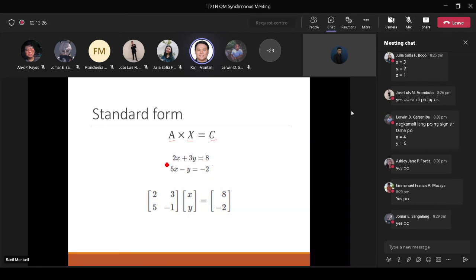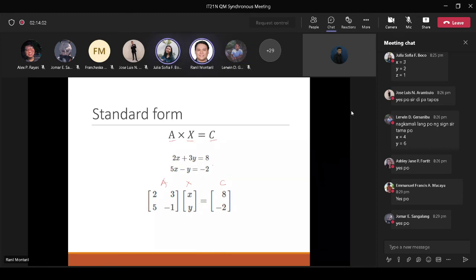So given this equation, matrix A will be the matrix of all coefficients. So as you can see here, matrix A is 2, 3, 5, negative 1. So this was extracted in this part. The variable X will be a column matrix of the variables, which is x and y, which is equal to the constants. So this column matrix is your constant. So ganyan siya i-represent. Okay? Nakikita? Naintindihan ba?